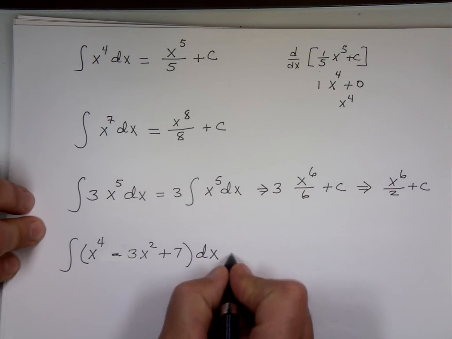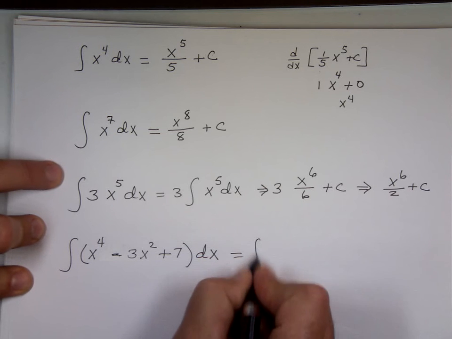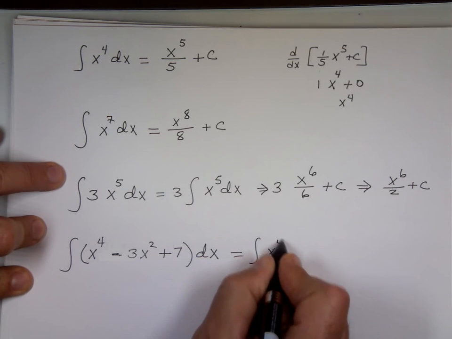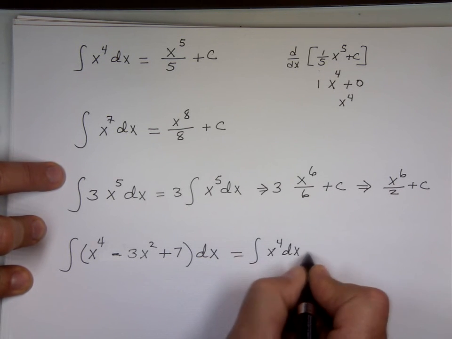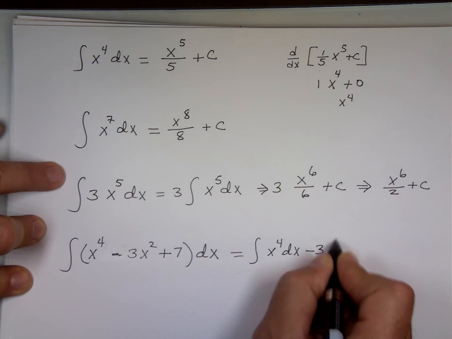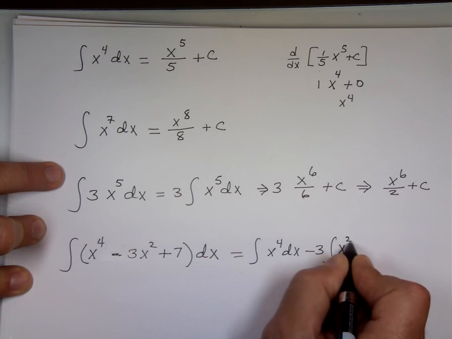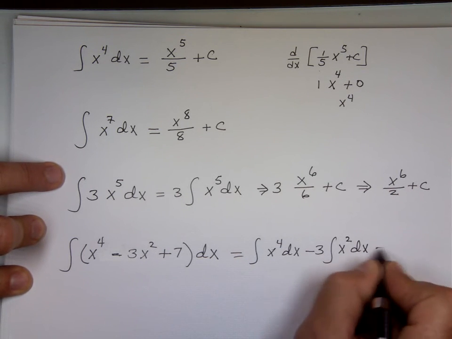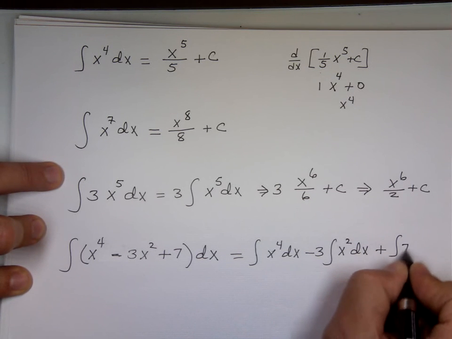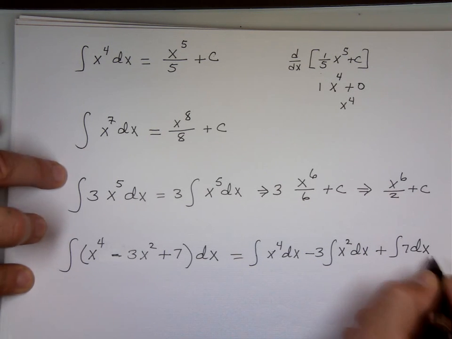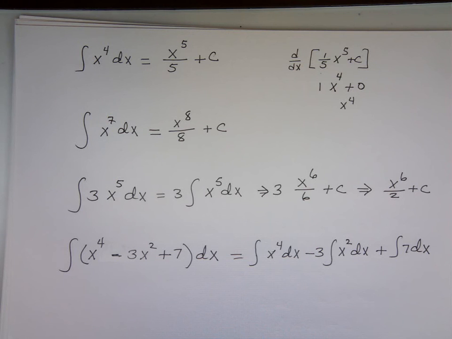Here we go. This is x to the 4th dx. I can break it down. Minus, I can take the 3 outside, x squared dx, plus 7 dx. I can break it down to individual pieces. Soon enough, you will need to do that.